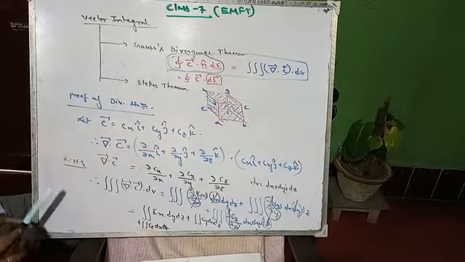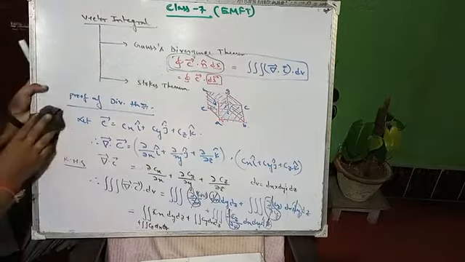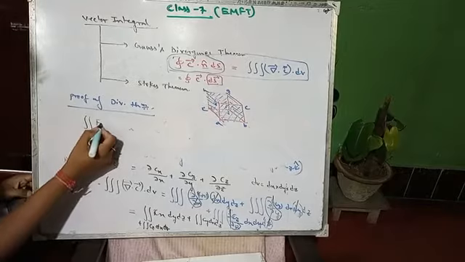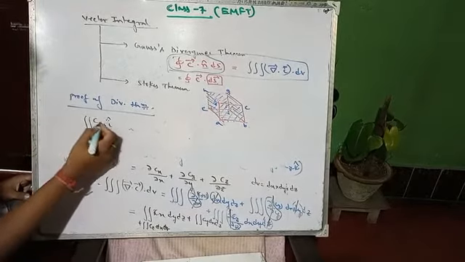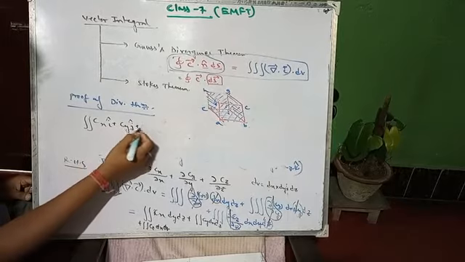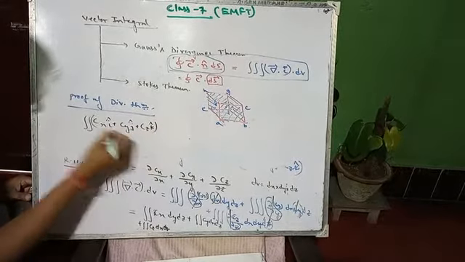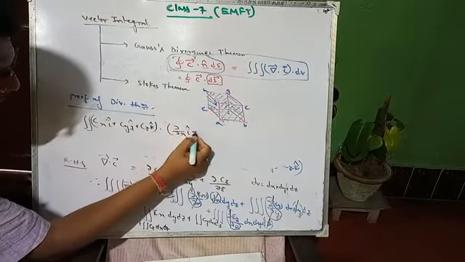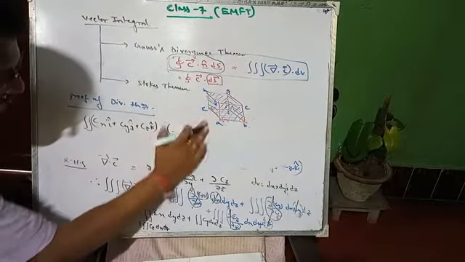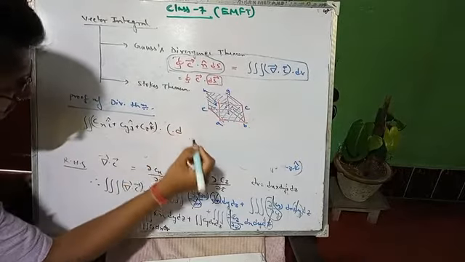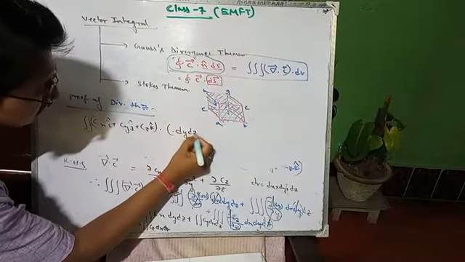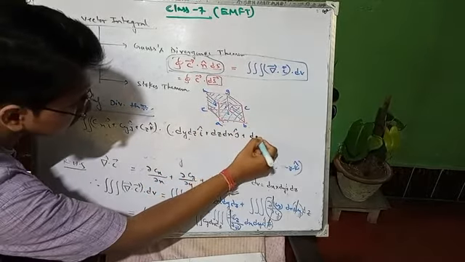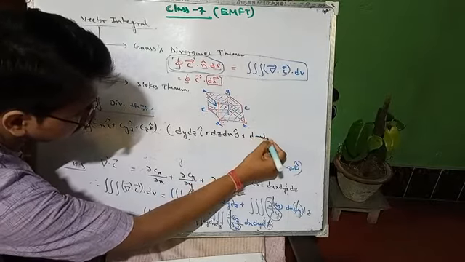From this line, can we write this as a double integration of Cx i cap plus Cy j cap plus Cz k cap dot product with dy dz i cap plus dz dx j cap plus dx dy k cap?